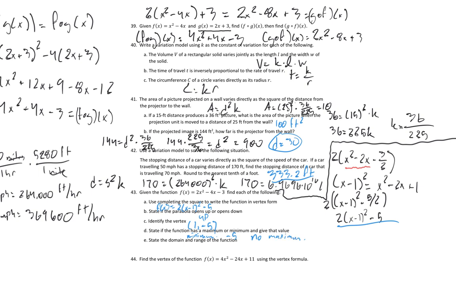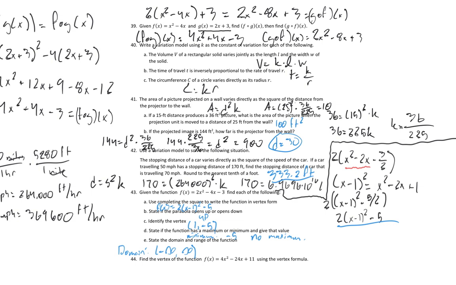State the domain and range. Well, it's a parabola, so our domain should be all real numbers. There's not a number that you can plug in here that makes the function not work. Any value of x is okay. There's no way we can divide by 0 or take the square root of a negative number or something like that that would make a problem.